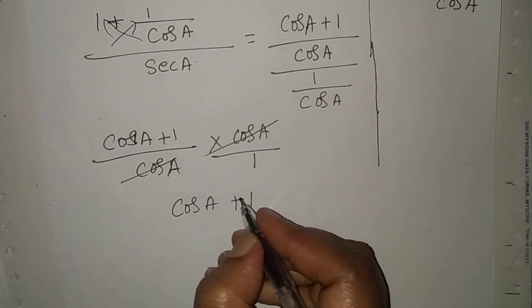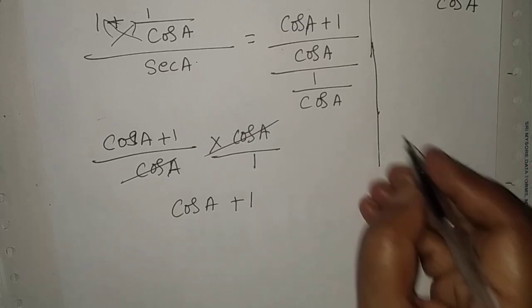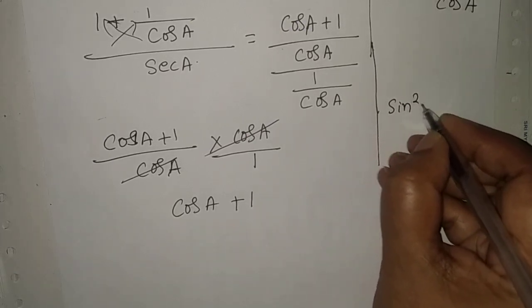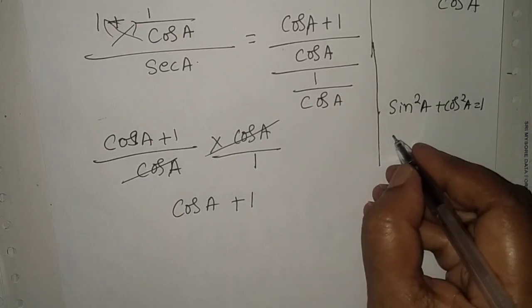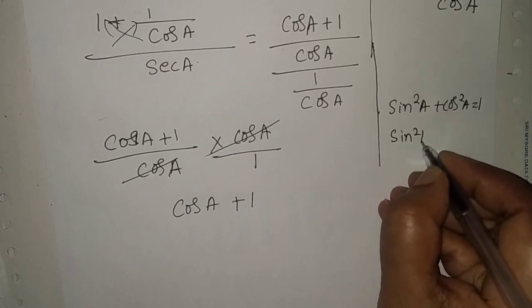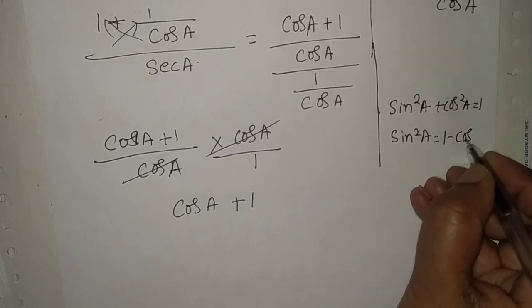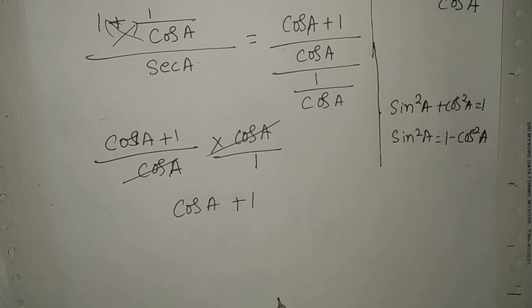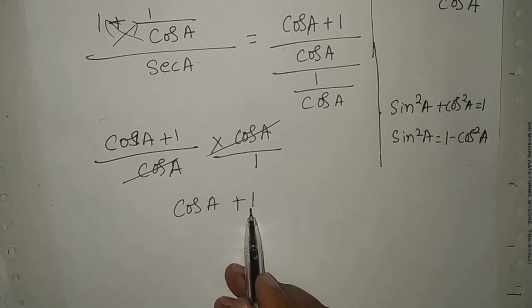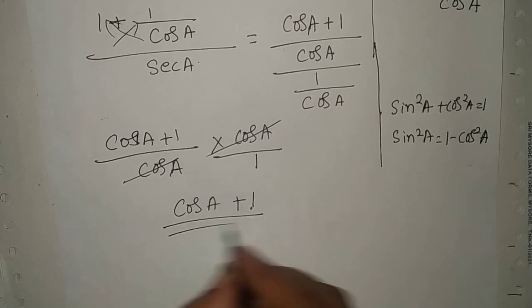Now we have sin square A plus cos square A is equal to 1, or we can write as sin square A is equal to 1 minus cos square A. So we stop at this.